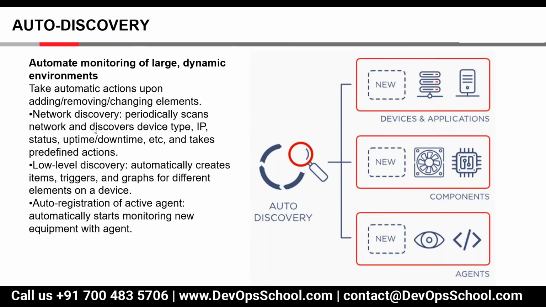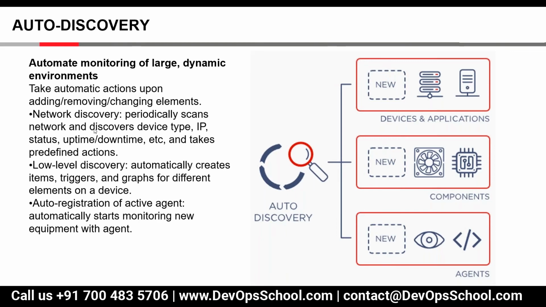Then we have auto registration. In auto registration, when we are installing the agent, in the configuration file we just need to do a small change, and that small change we will just add on the Zabbix portal on the front end.